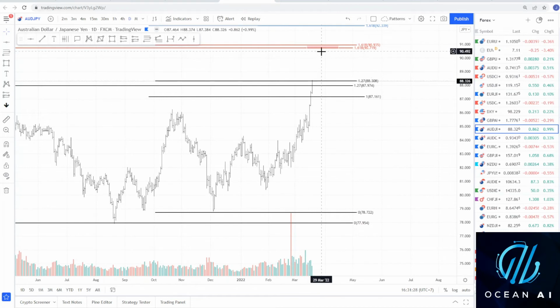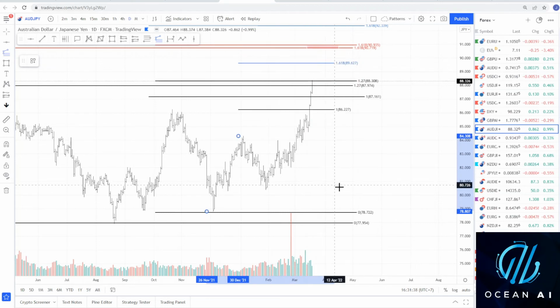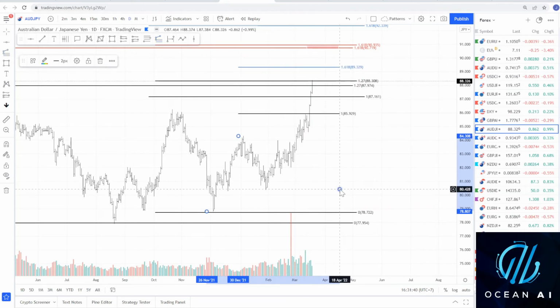That might be probably not this week, maybe next week. Looking into the week after, maybe. We look at just this last leg. We look at that 1.618 extension here. That could be a good place.